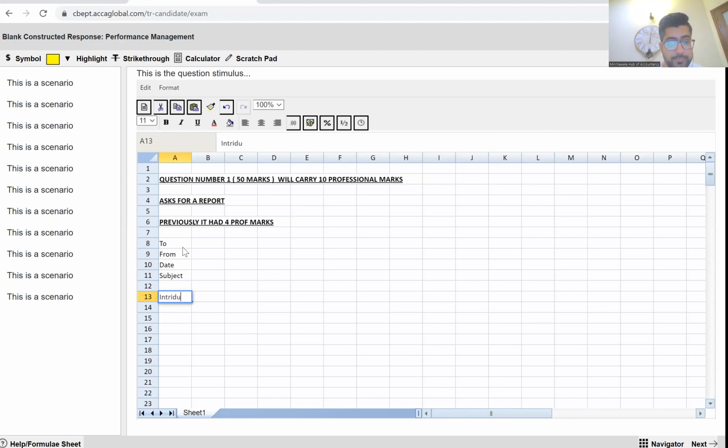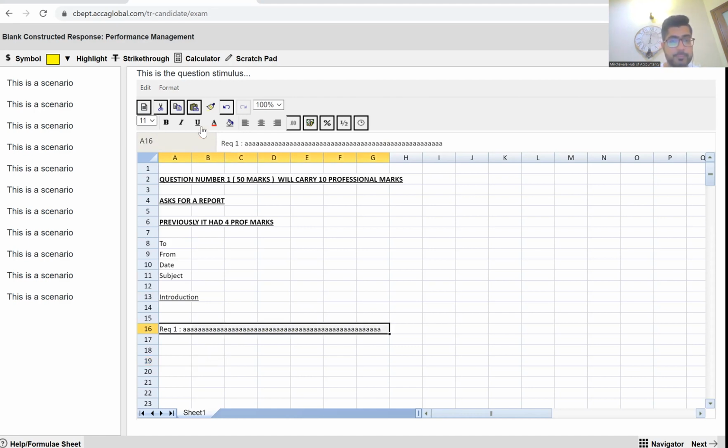Then it had an introduction, and in the introduction I made you write this report, then requirement 1, then requirement 2, then requirement 3. Then I told you every requirement should have headings. Like for requirement 1, you gave a heading of requirement 1, then requirement 2.